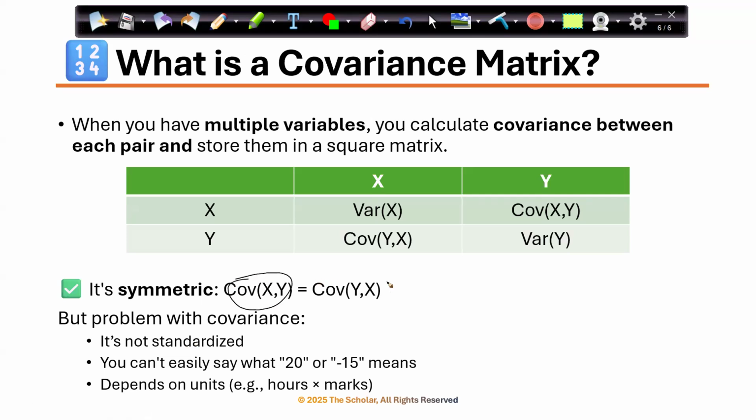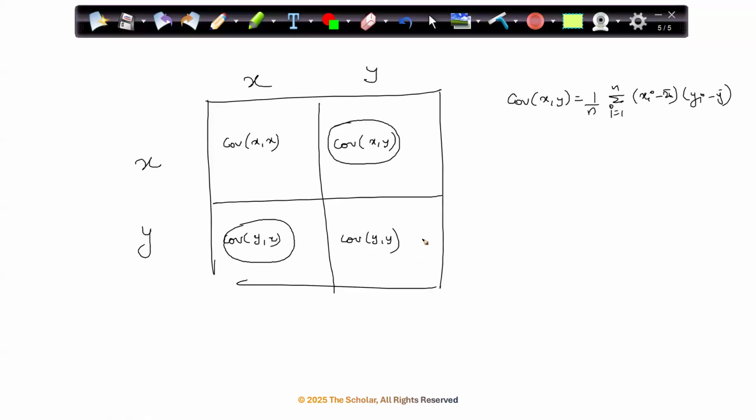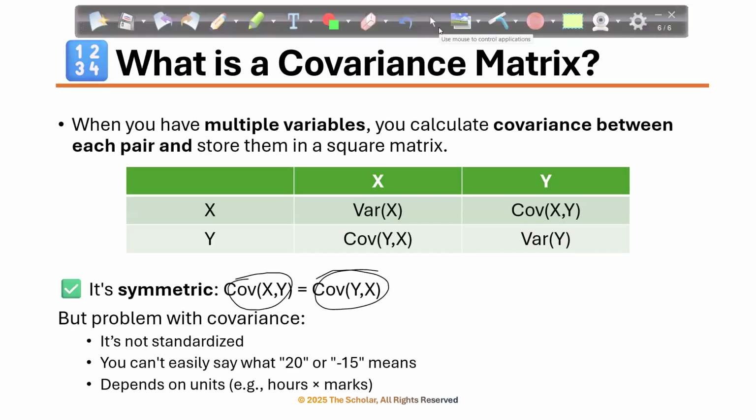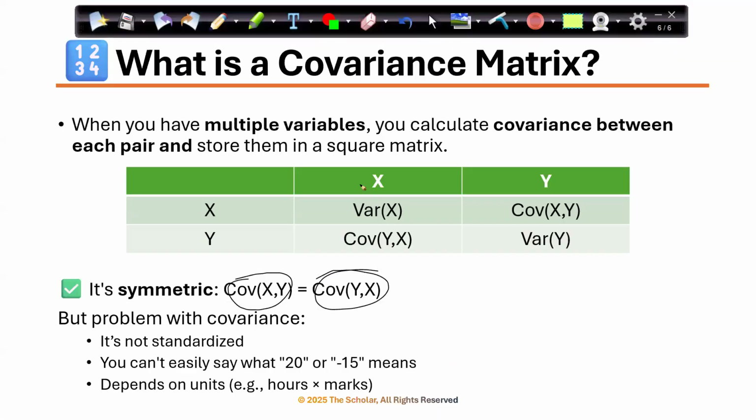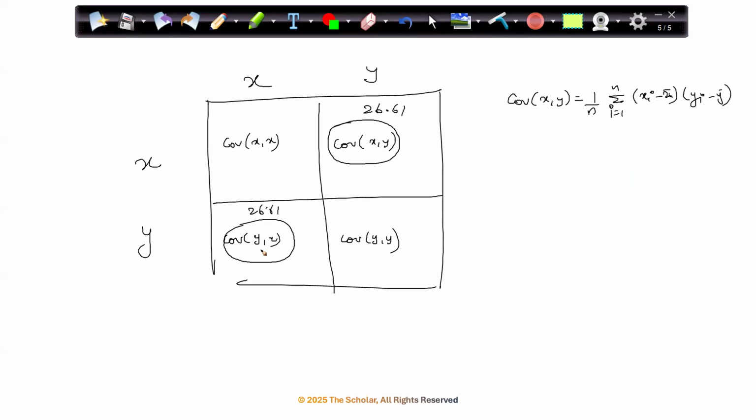Covariance of X and Y is equal to covariance of Y and X. Okay. That means we already calculated that. 26.61 something, 26.61 something, which we calculated in the Excel. 26.66, right? So that is what these two numbers are.